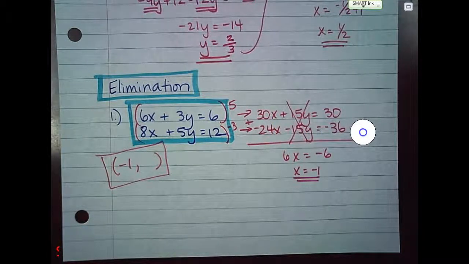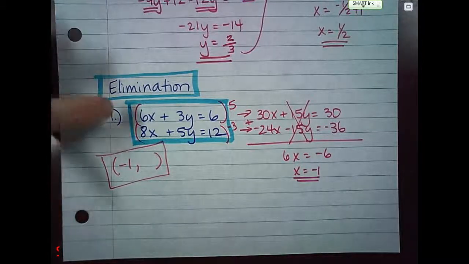They're all the same. These are just different forms of the same line, and these are different forms of a different line. It makes no difference because negative 1 is the intersection. It works with both lines. It's the answer. So it makes no difference where you plug it in to get y.